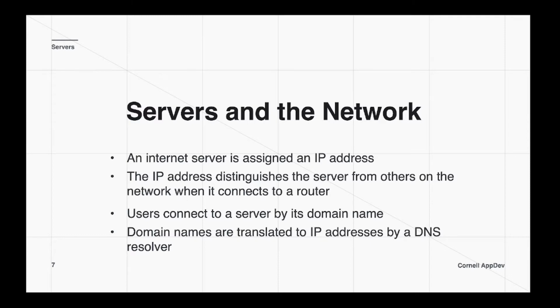While if you want other people to connect to it, you'd have to use the public IP that you can probably find if you just search up what is my IP on Google. But we need to deploy, and so that's what we need to do to get other people to connect to our server. What users do to connect to a server is use a domain name. So you wouldn't connect to google.com with the IP. You go to www.google.com, and then a DNS resolver translates that into the IP address.